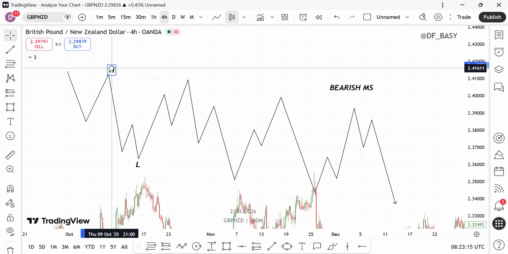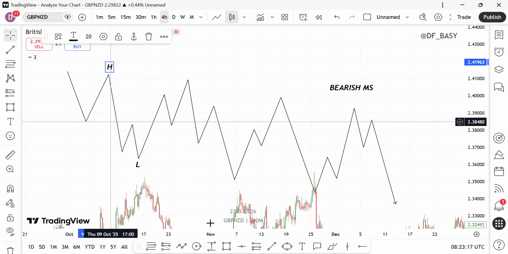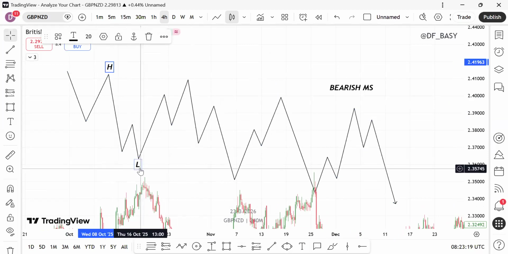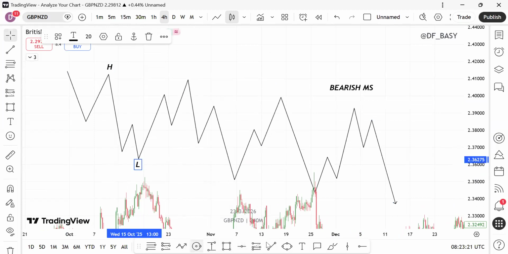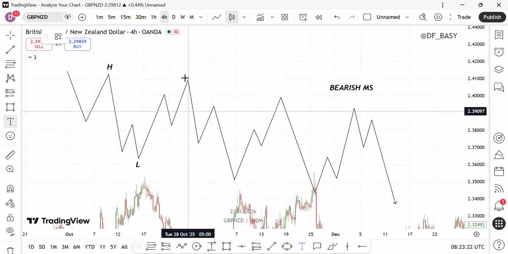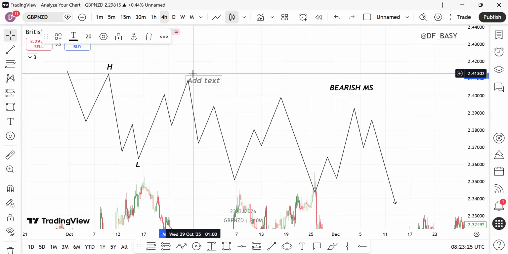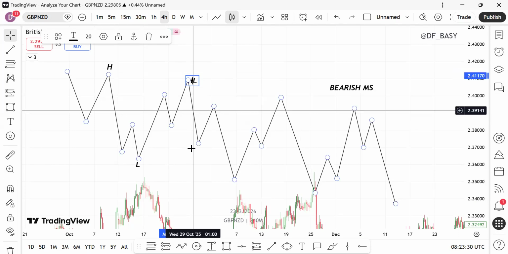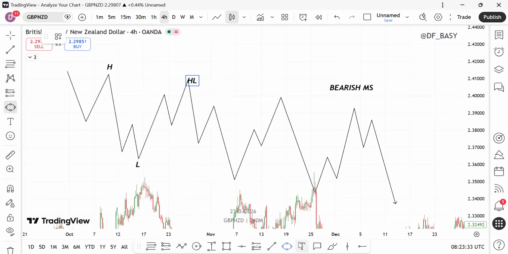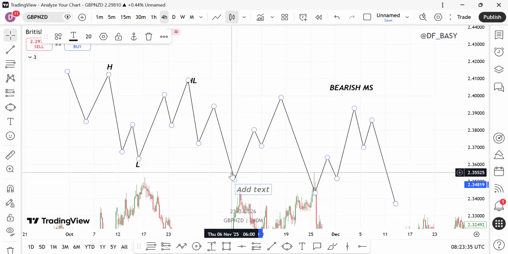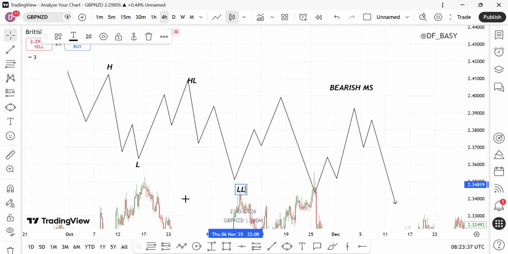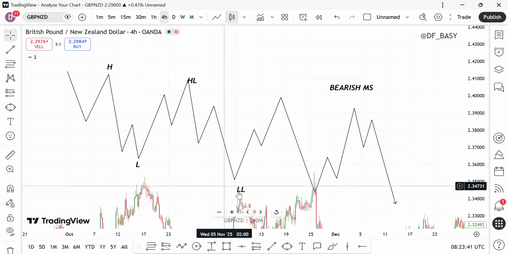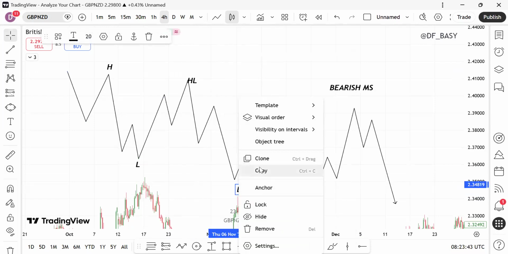This is my low. So now from this, I'm seeing lower highs and lower lows. So from there, I can mark out this is my lower high, this is my lower high, and this is my lower low. That's my lower low. So with that, I can say that this market is bearish.